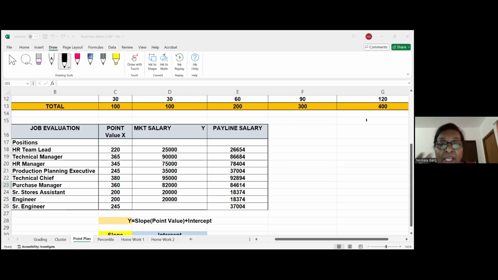It uses two values in regression, point value and market salary. You should always put point value as X, because Excel will understand point value as X, which is the independent variable, and market salary as the dependent variable.